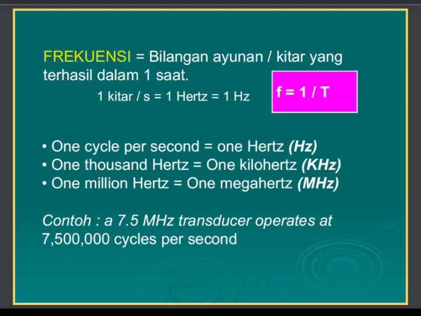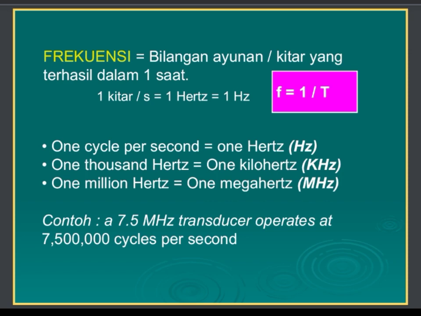Frekuensi ialah bilangan ayunan atau kitar yang terhasil dalam satu saat sebuah gelombang bunyi. Satu kitar per saat sama dengan 1 Hz. 1000 Hz sama dengan 1 kHz, 1000 kHz sama dengan 1 MHz.